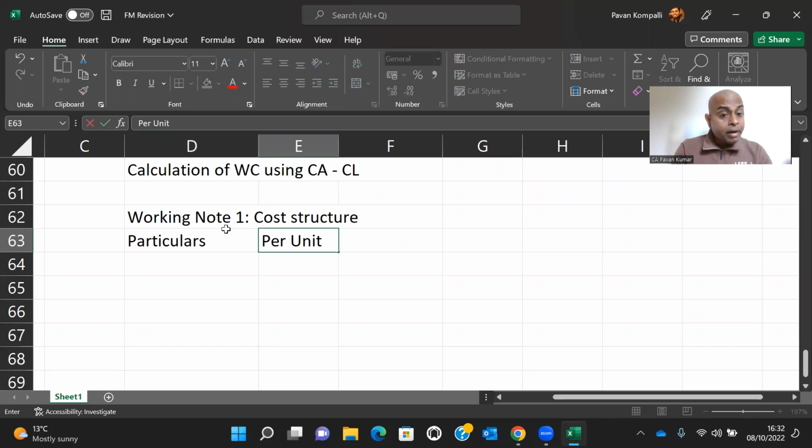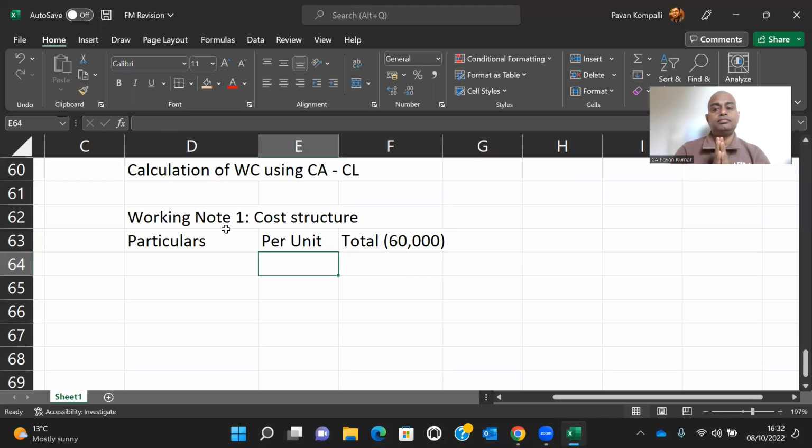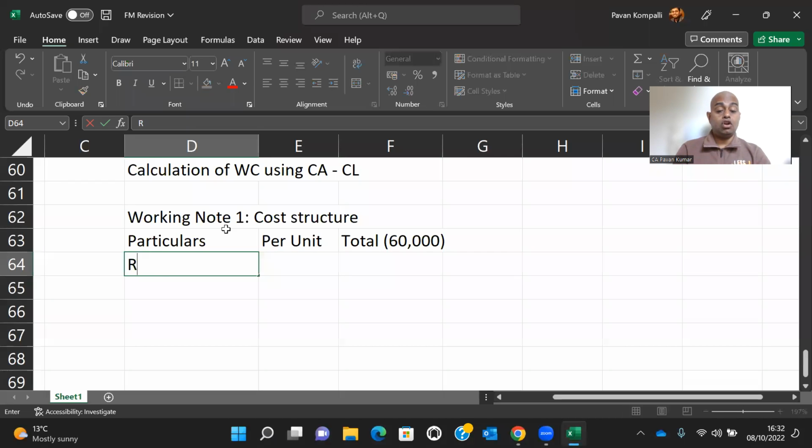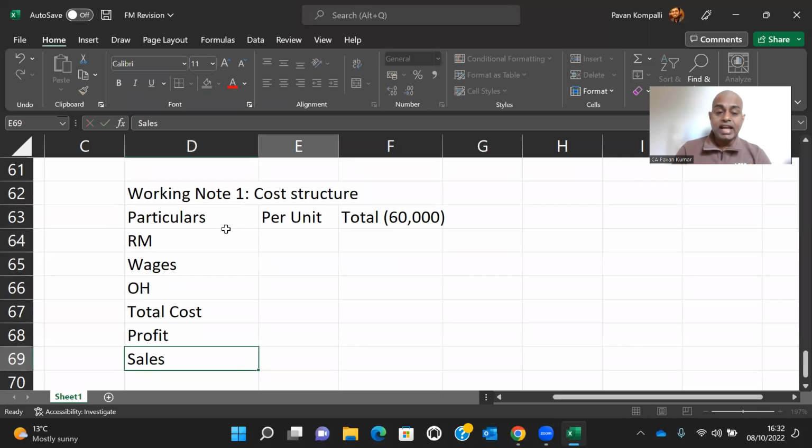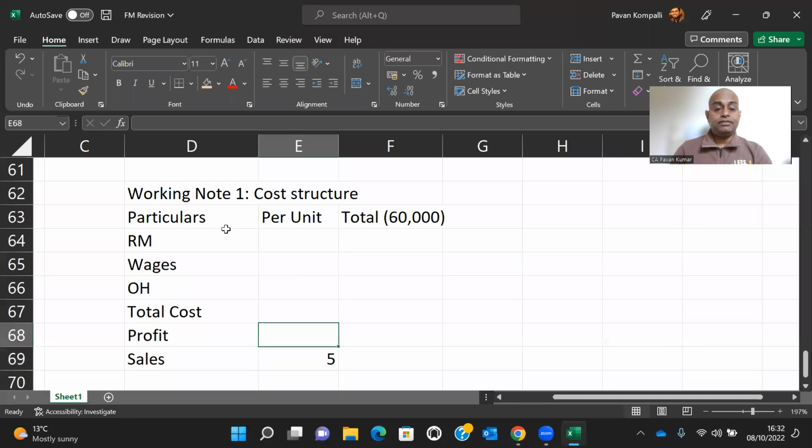Then I write per unit. Then I write total for 60,000 units. Then I write raw material, wages, overheads, total cost, profit, and sales. This is 5 rupees, or you can write percentages also if you want.